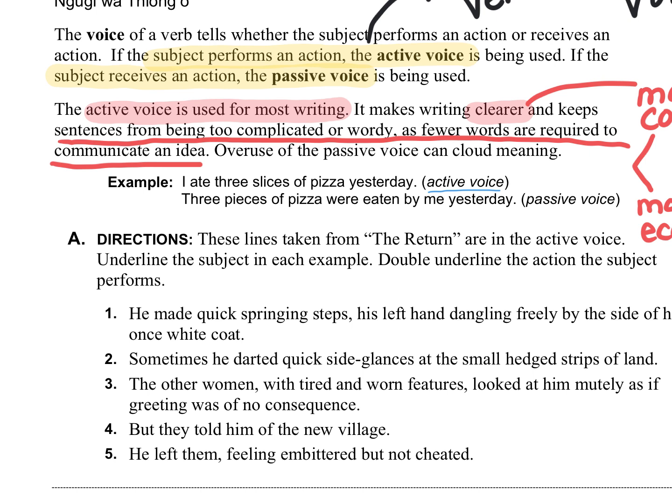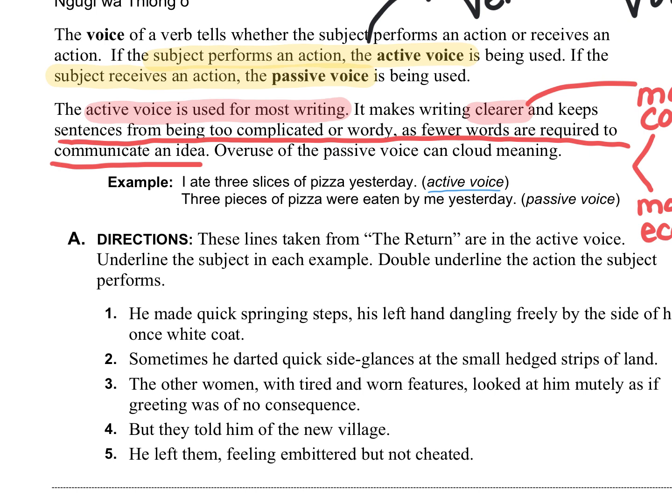So first ask yourself, whom or what is this sentence about? And that's got to be a noun or a pronoun, okay? A noun, person, place, or thing, or a pronoun, him, her, he, she, it, we, they, I, me, my, okay? Takes the place of a noun. So whom or what is this first sentence about?